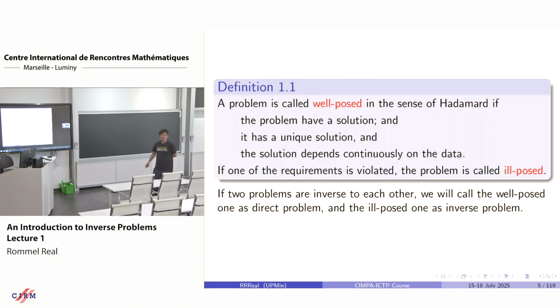First, a little definition, which we will see a lot. We describe a problem as well-posed in the Hadamard sense if it satisfies three things. First, the problem has a solution; second, it has a unique solution; and third, the solution depends continuously on the data. The third one means that if there are small changes in your data, then it must also lead to small changes in the solution. If one of these requirements is violated, then we have an ill-posed problem.